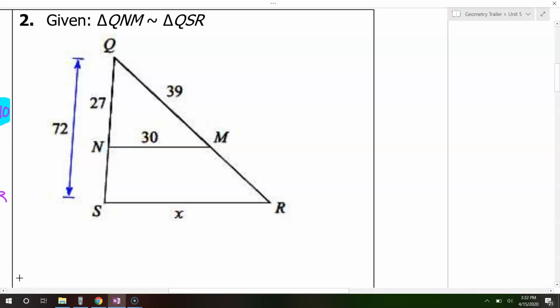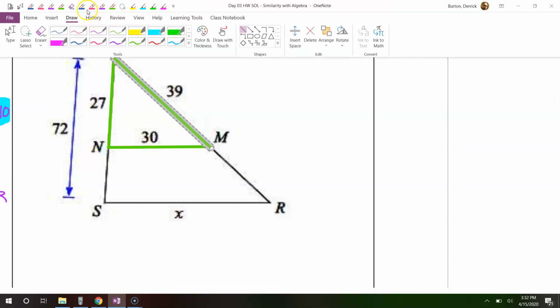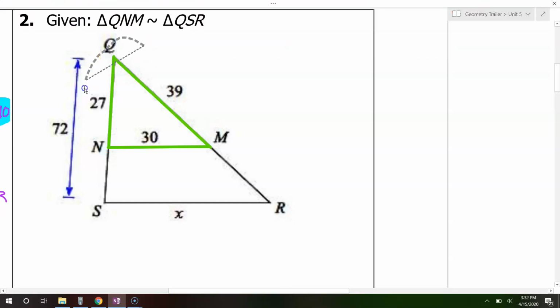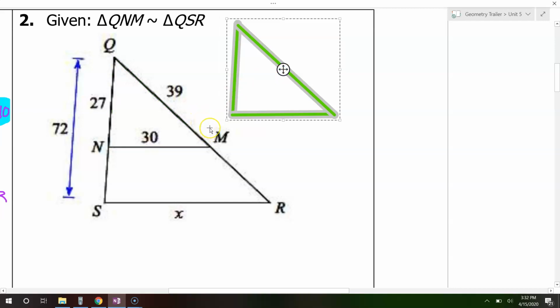Again, my number one strategy is going to be to draw these triangles separately. There's one exception that we're going to run into in a minute, but most of the time when you see one triangle sitting inside of another triangle, split those apart. Okay, so there's my small triangle.